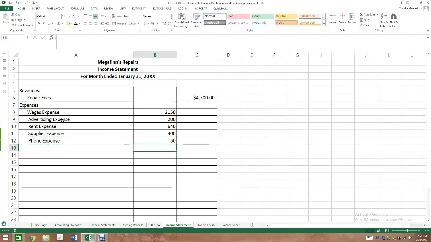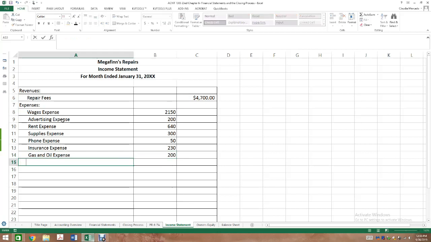So this is where the company spends its money on its expenses. This is what it needs to operate. We have insurance expense of $230. We have gas and oil expense of $200.